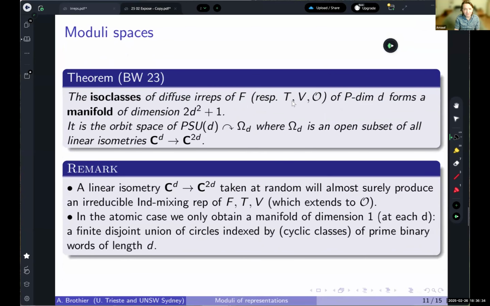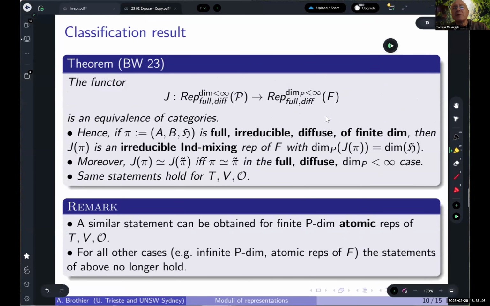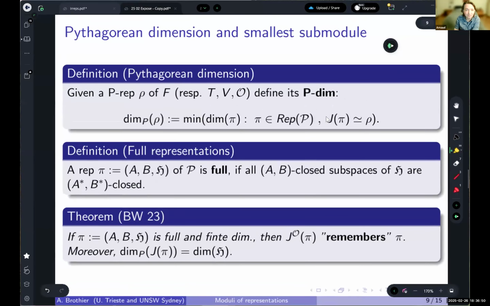Here is what that gives you, just to arrive at what I found the nicest. Sorry, can you hear me? Yeah, I can hear you. Could you come back one page? Yeah, sure. Could you explain this dimension P? Oh, yeah. So you fix one representation of the Cuntz algebra.